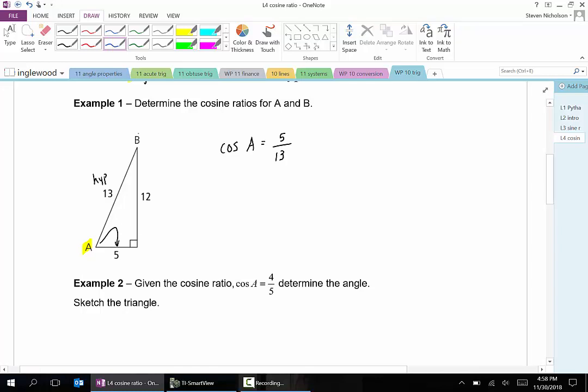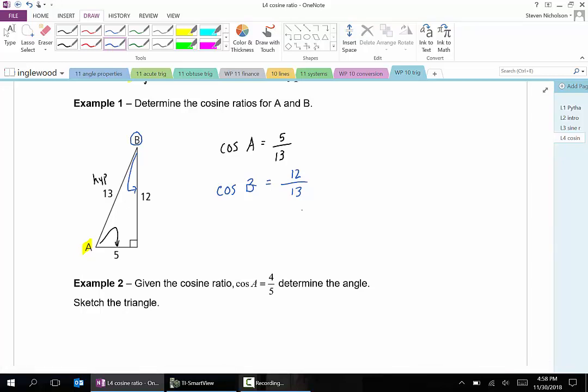And if we wanted to figure out the cosine of angle B, well, the cosine of angle B is equal to the adjacent side over the hypotenuse, and we know the hypotenuse is 13, and the adjacent side to angle B is 12 degrees.